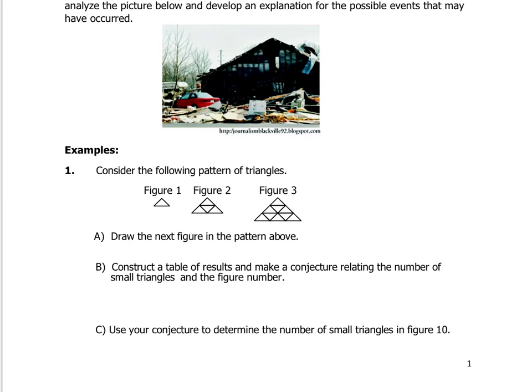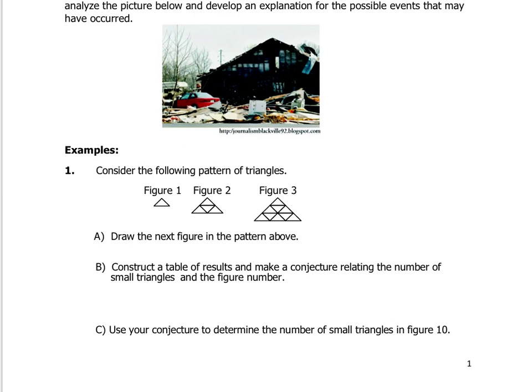So let's look at some examples now of how we can develop patterns and come up with conjectures. The first one says, consider the following pattern of triangles. The first figure has one triangle in it, then the second figure has two rows of triangles, which create four small triangles, and then the third figure has an extra row added, creating 9 triangles in that big triangle.